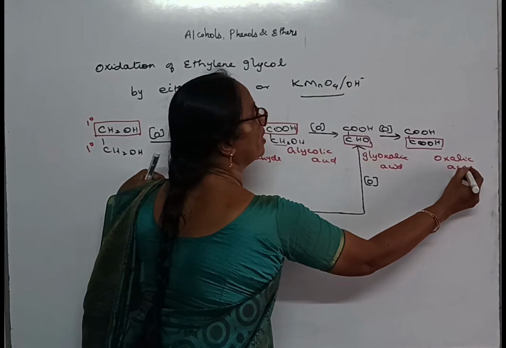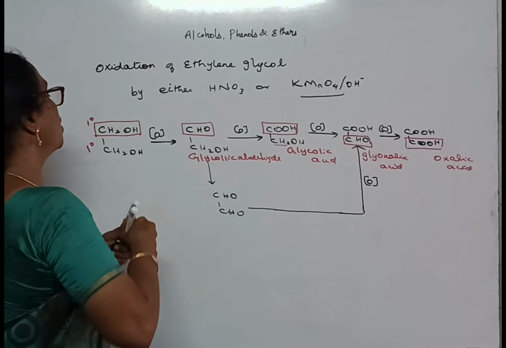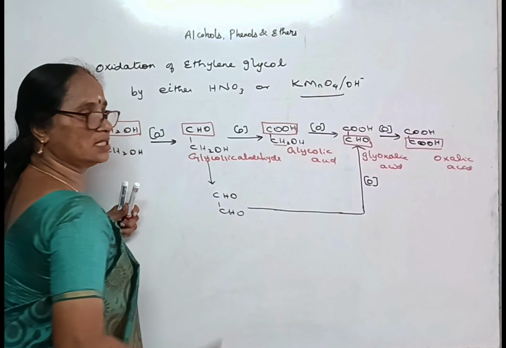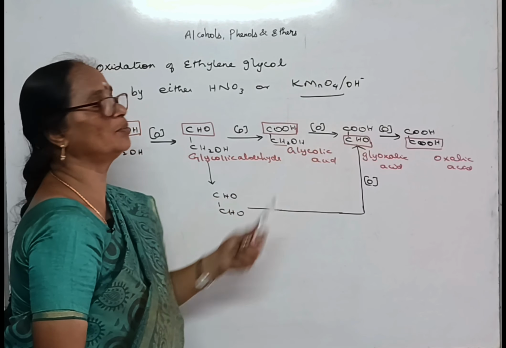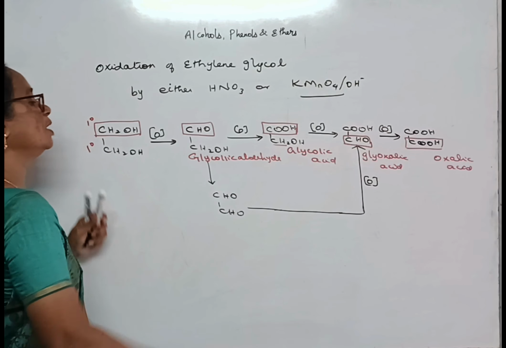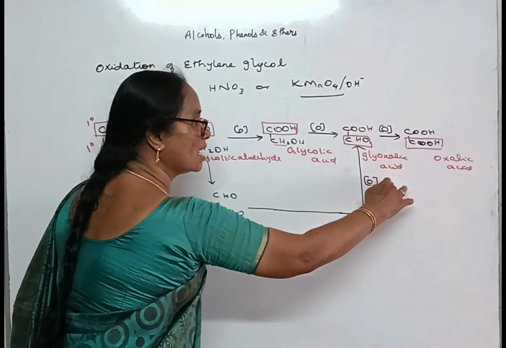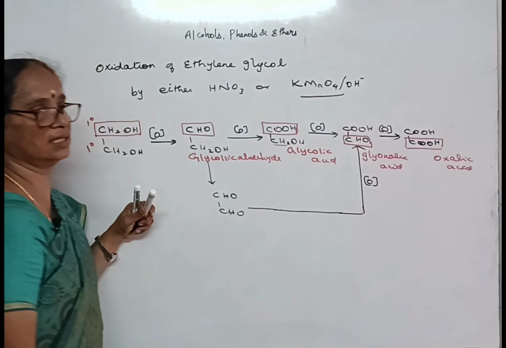So in the first case, both primary alcohols are subsequently oxidized to their respective carboxylic acids. So we got the products glycolic aldehyde, glycolic acid, glyoxalic acid and oxalic acid.